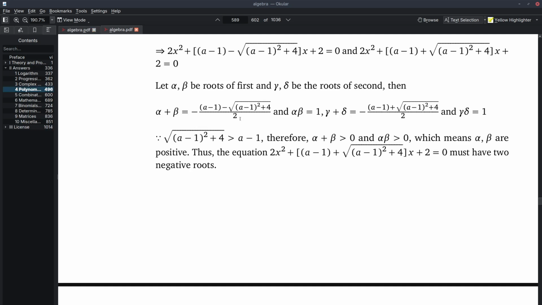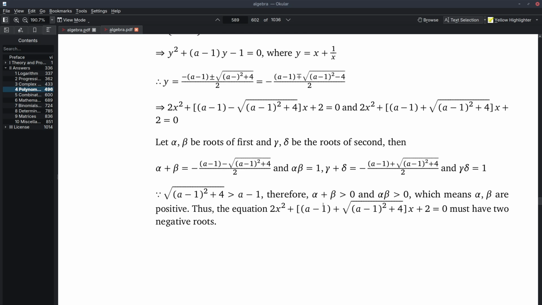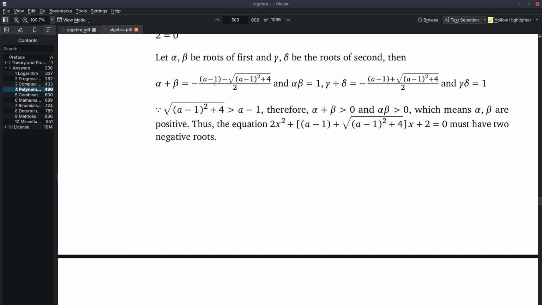For one equation, alpha plus beta will be greater than 0 and alpha beta greater than 0, which means alpha and beta are positive. And thus the other equation must have two negative roots. So one equation has positive roots, another equation has negative roots.